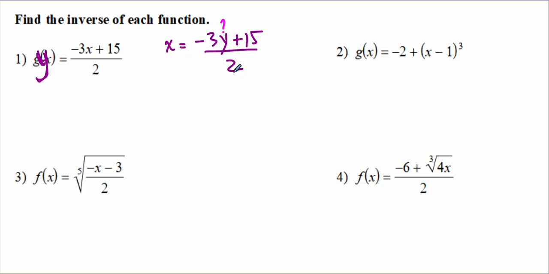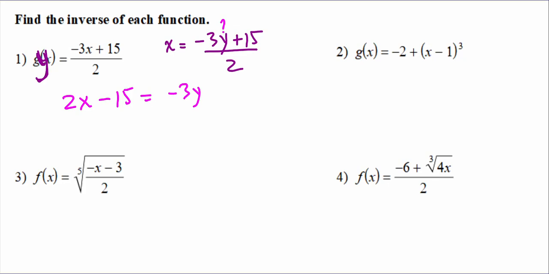And the normal operations here, you multiply by 2 on both sides, and then I'm going to subtract 15. Hopefully you could see that. And then divide by negative 3. And that'll be my answer, because this is a 2 or 3 step linear equation. All right, so the first step is multiply both sides by 2. This is gone, so you have 2x, and it's gone from here, minus 15 equals negative 3y.